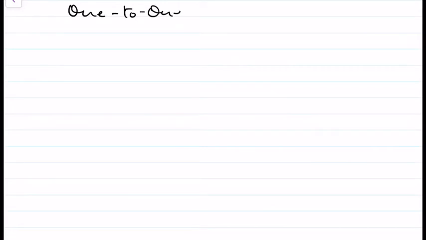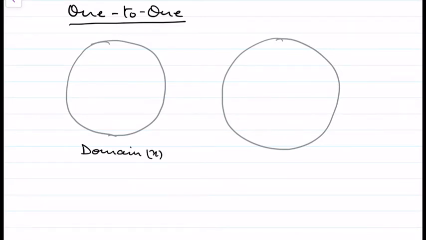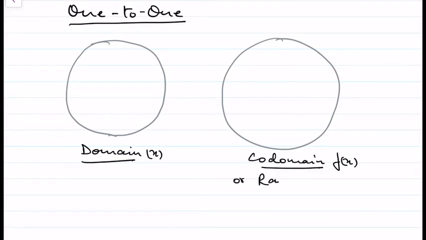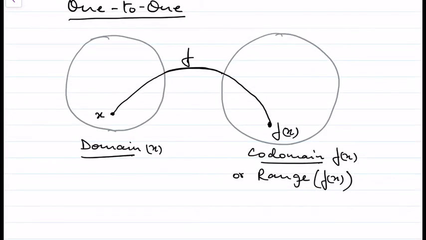Now what is a 1-to-1 function? Let this be the domain x and this be the codomain or range f(x). Then under transformation f, if we have an input x, then after going through the transformation we will get f(x).